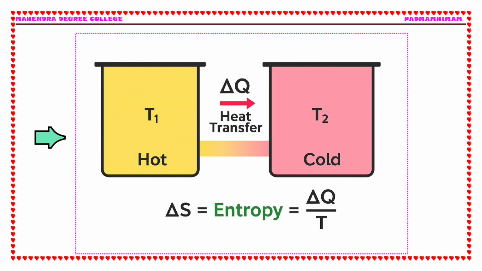Entropy ΔS is defined by the equation ΔS = ΔQ/T. It represents the measure of disorder or randomness in a system.